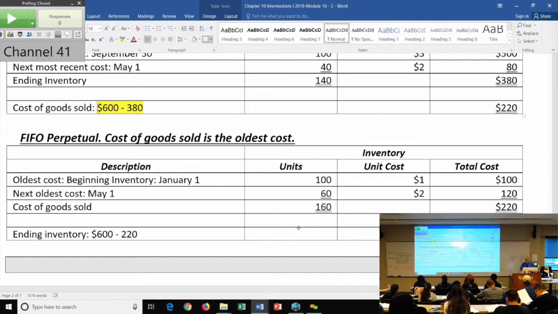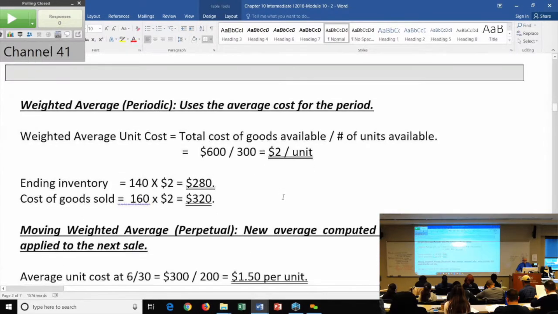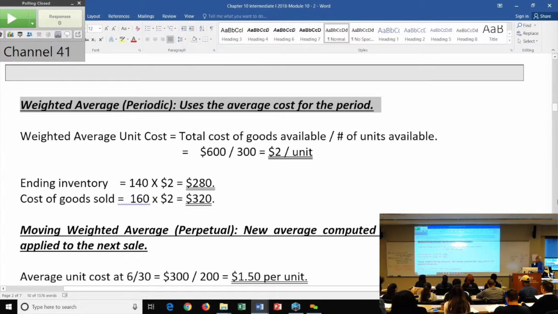Okay, average cost. First, let's do the average periodic. This method will take the average for the entire period. It is the ratio of the total cost of goods available divided by the number of units available. So your total cost of goods available is 600. Total number of units available is 300.